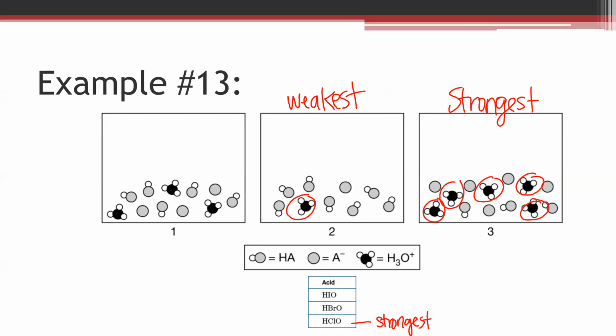I would say diagram 3 must be the HClO. Then the weakest would have to be the one with the least electronegative element in the column, which is iodine. So diagram 2 contains the HIO. By default, diagram 1 must be the HBrO.